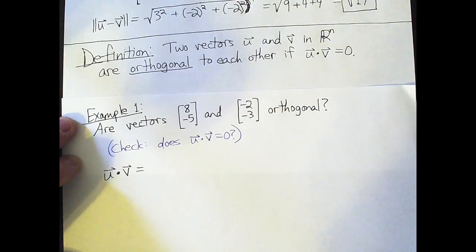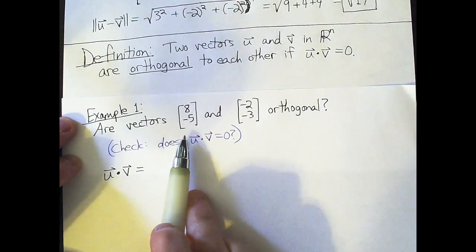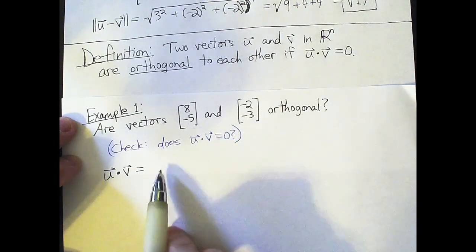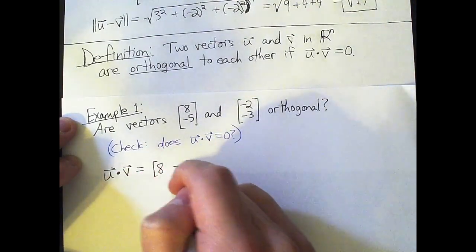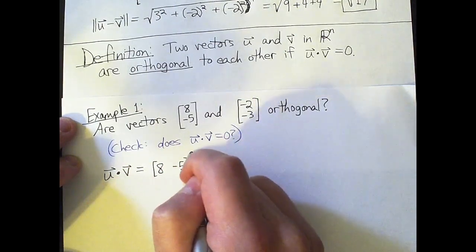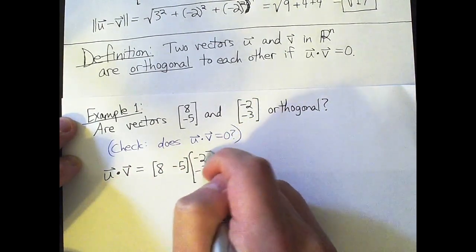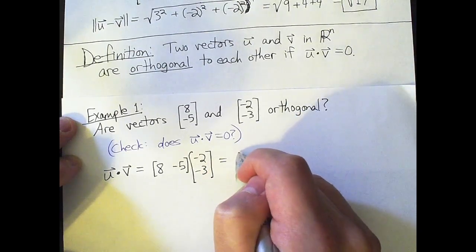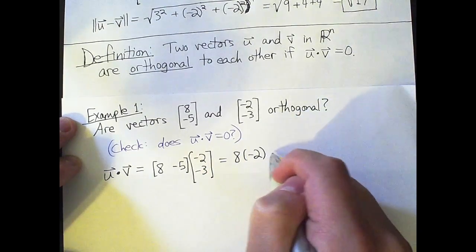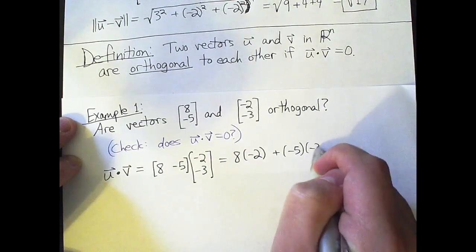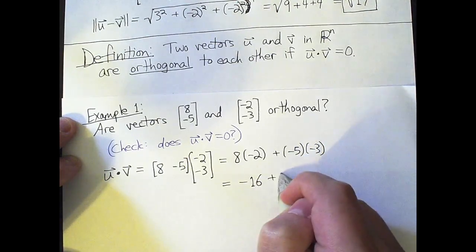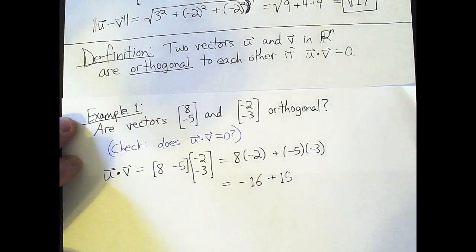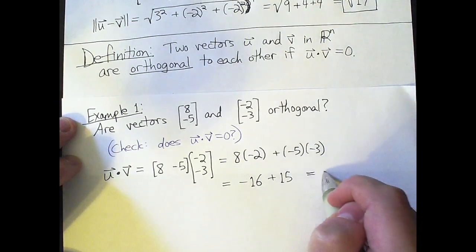We said earlier how to do u dot v. Here, 8, -5, that's u transpose, and then v. So 8 times -2 plus -5 times -3, -16 plus 15, that's going to equal -1.